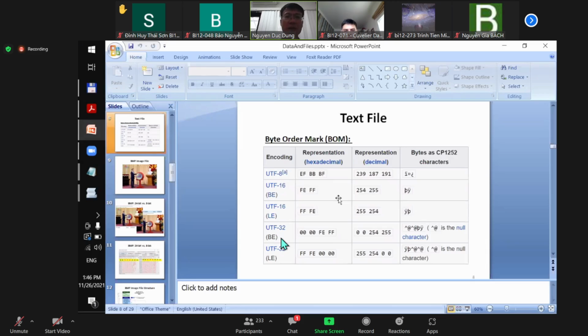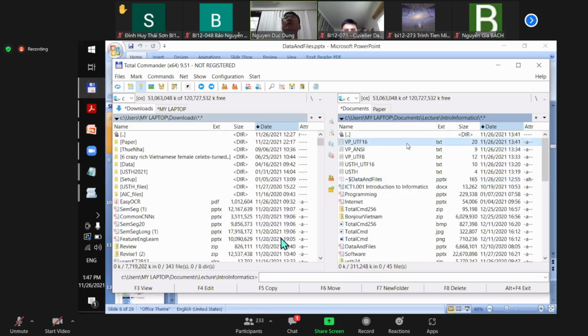Why do we need such kind of standard? For example, in the Windows file system, we have the name of a file and the extension of the file. The name is for the user or created by some people. But the extension, of course, we could change, but usually TXT stands for text files, PPTX for Microsoft PowerPoint files.